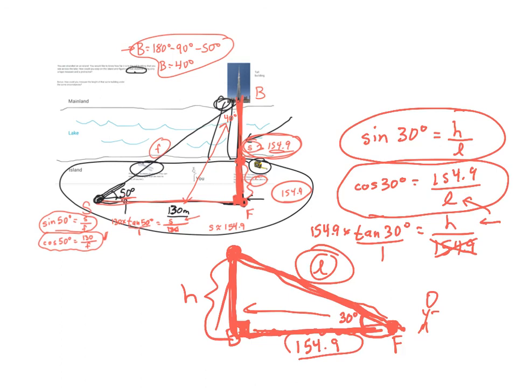So H is equal to approximately 89.4. So we can say that the height of the building is about 89.4 meters, because we measured in meters.